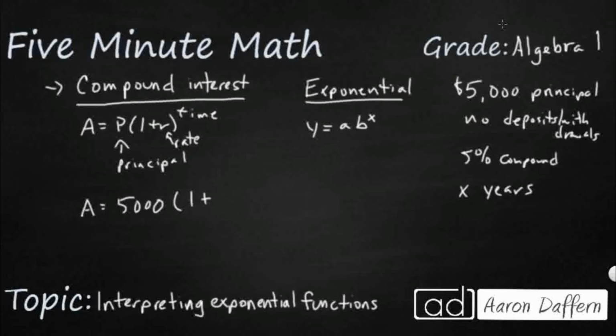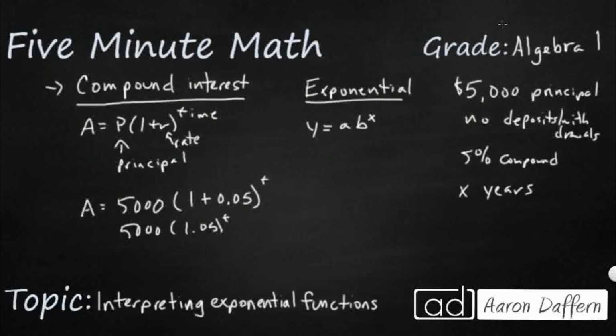So 5% is 0.05. And then your t would be that right there. So really it would just be 5,000 times 1.05 to the t power. That t would be how many years.